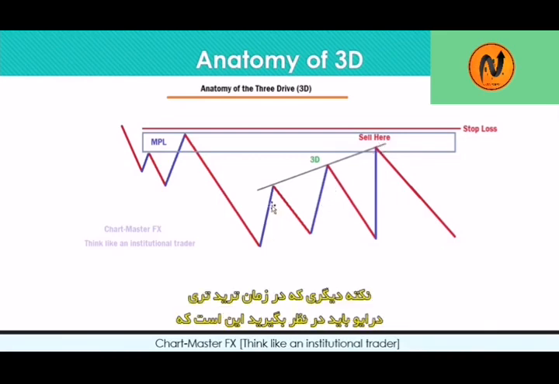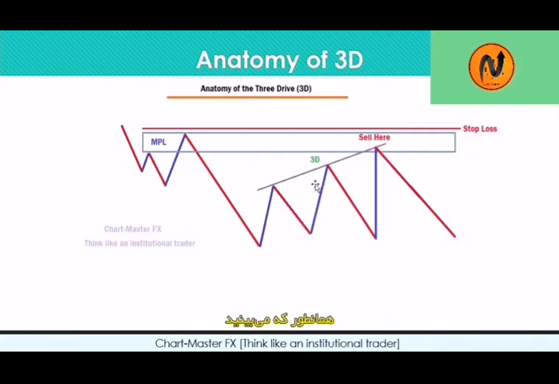Another condition that you need to take into consideration when you are trading the 3 drive is that in this setup, we have a first drive and a second drive, and these 2 drives are not inside the MPL, they are not even touching the MPL, but this third drive is the one that is touching the MPL. This is the perfect condition, guys, that we need to see.